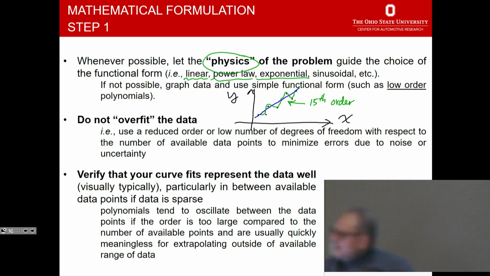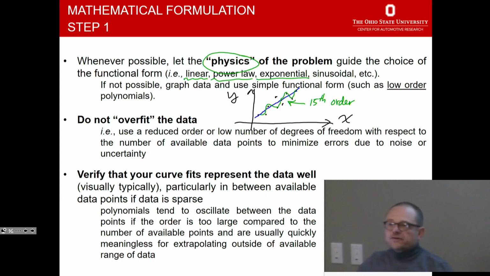But now I give you another data point, or two data points, which actually are still in the neighborhood, and all of a sudden your model doesn't work anymore. So the idea of overfitting is that you really have to think carefully about how many data points you have and how complex a function fit you want to make. Simpler is always better. Okay.